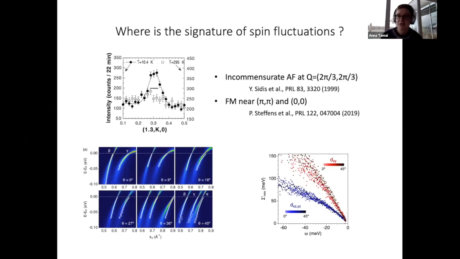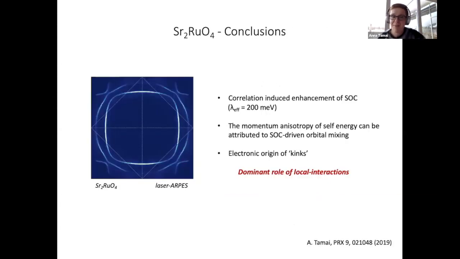Probably the signature of the spin fluctuations should be found in the small differences between the DMFT calculation and the ARPES data, or in this small angular spread that remains in the self-energy. But I honestly think that these small differences are within the level of accuracy of both the experiment and the calculation. So I come now to my conclusions.